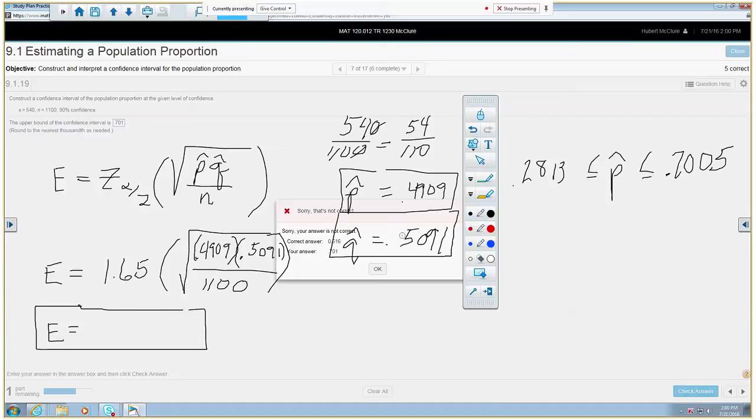Yeah, 15 minutes later. All right, now what happened? What caused the problem? Rounding. Okay. Somebody give it to me. .0248.